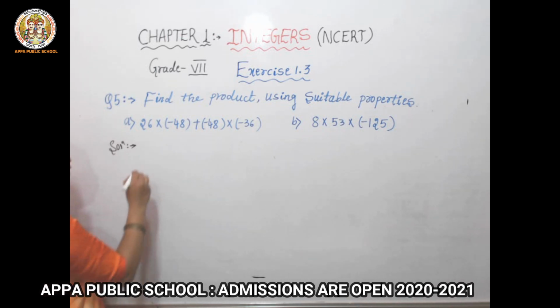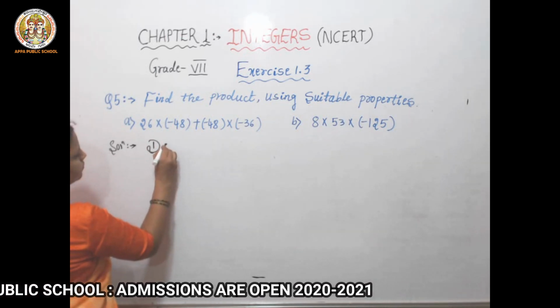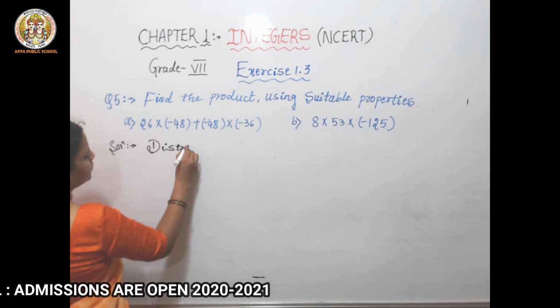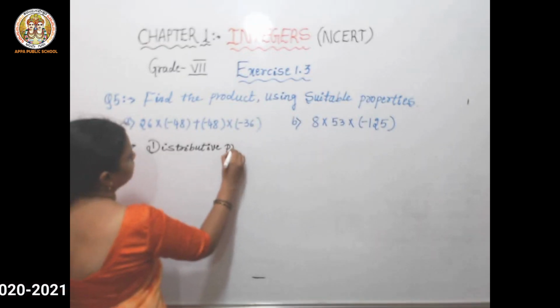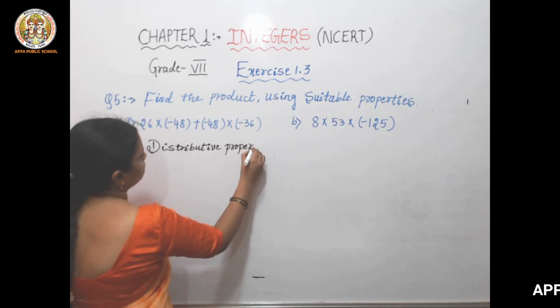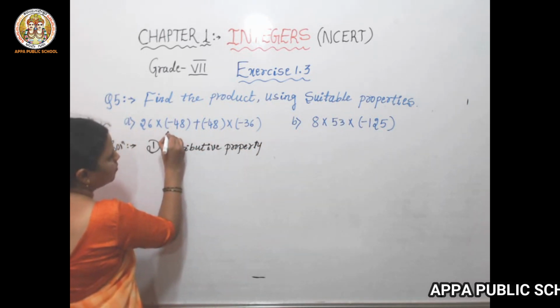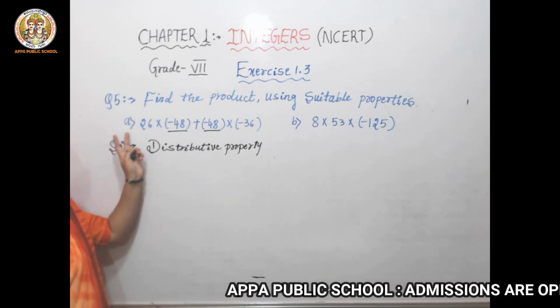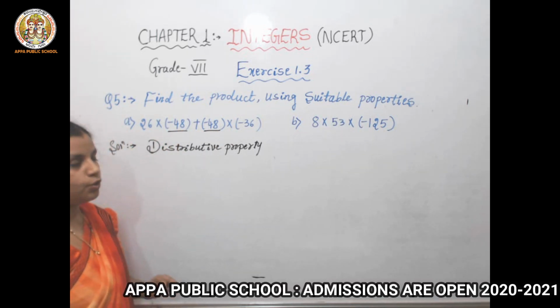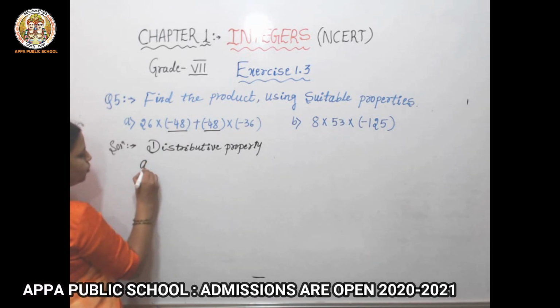Here minus 48 is common. For A we are using the distributive property. Then what is our distributive property?